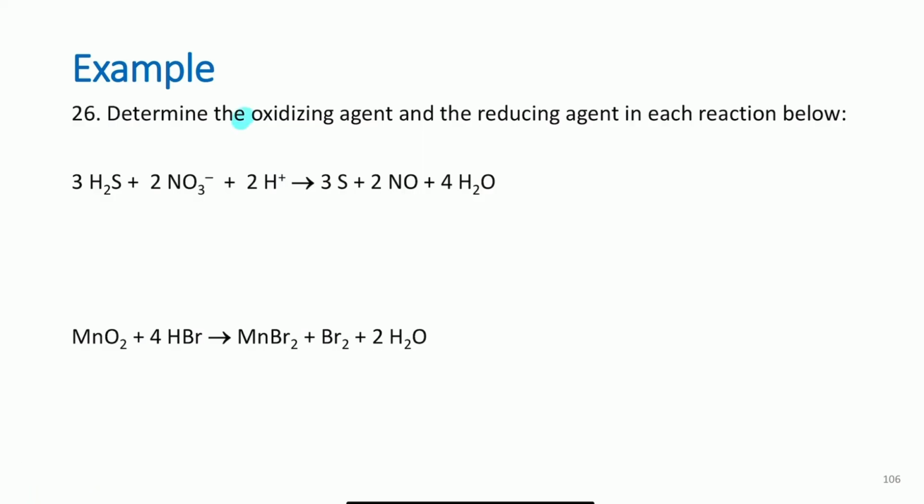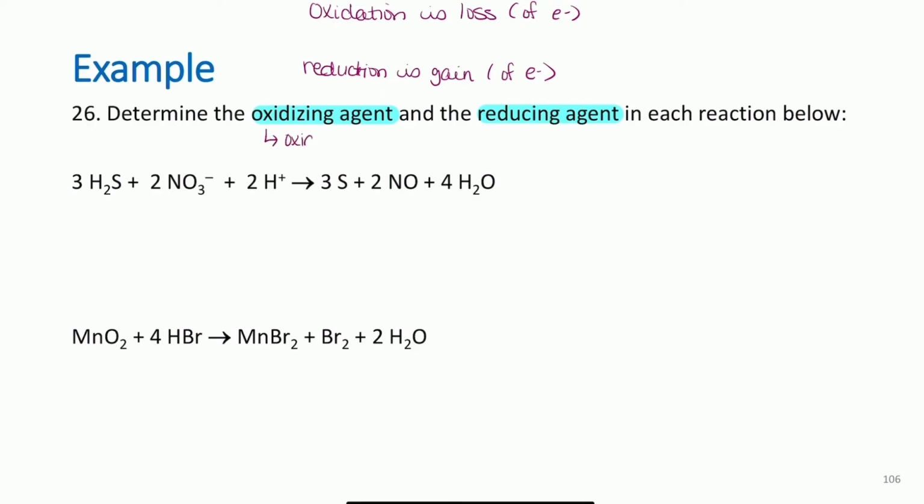Determine the oxidizing agent and reducing agent in each reaction below. Remember, oxidation is loss, reduction is gain. Oxidizing agents oxidize something else.